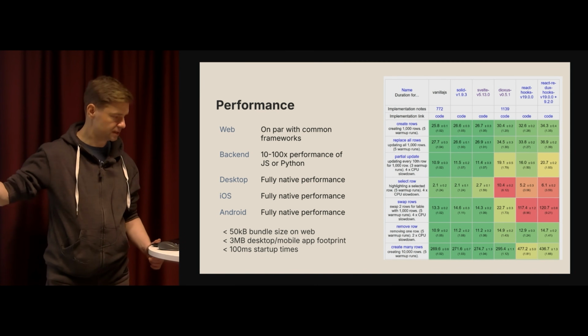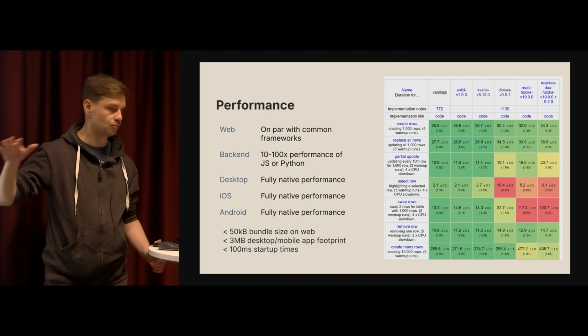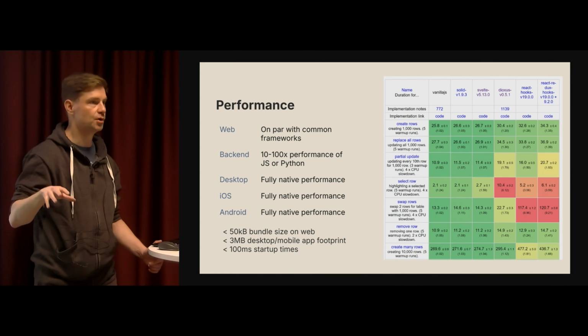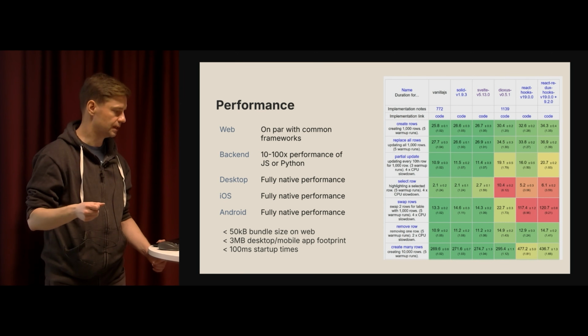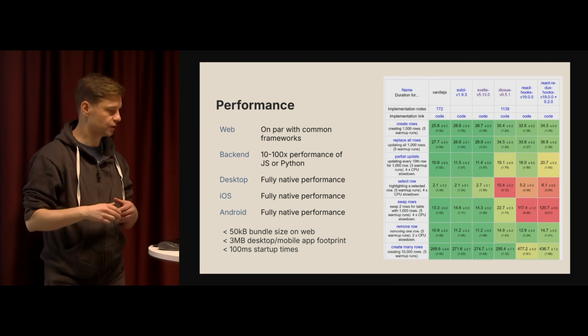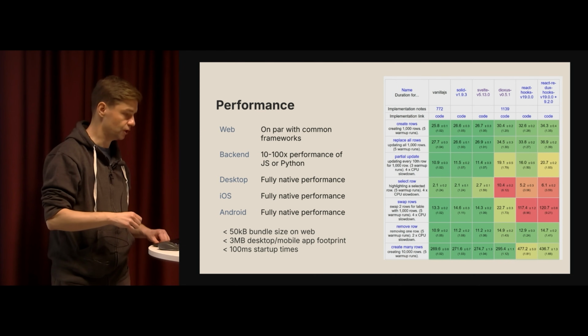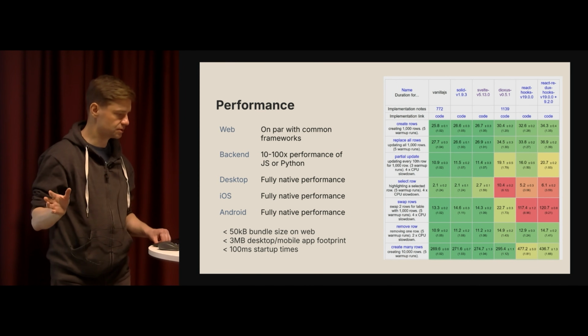And as you can see, the bundle sizes are quite small once you build for release mode. In debug mode, it's a lot larger, but that's not really a problem during development time. And the startup times.